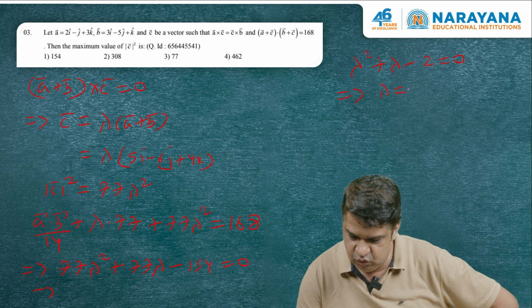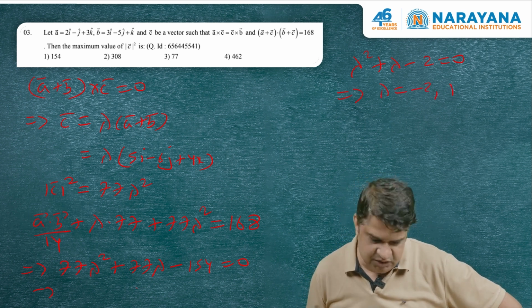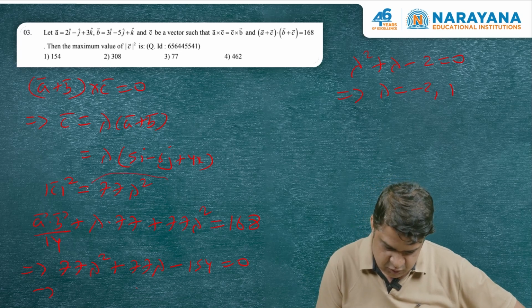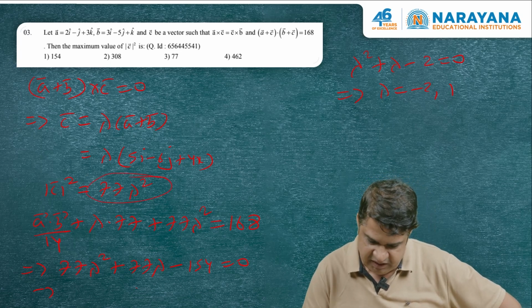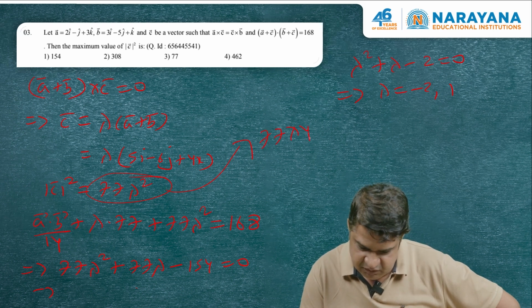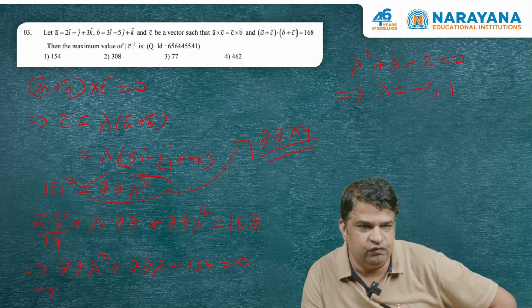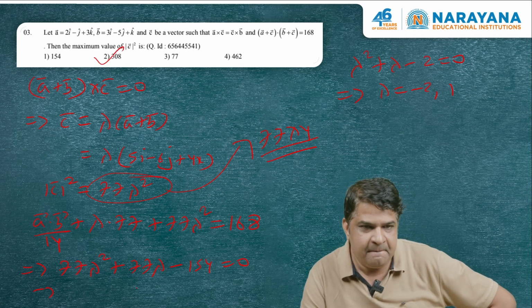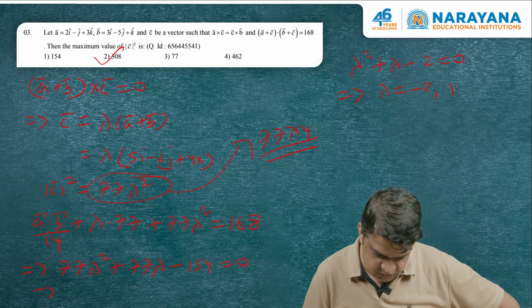Lambda has two values, minus 2 and 1, and because we need the maximum value of mod c square, it is maximum when lambda is equal to minus 2. So, our answer will become 77 into 4, which is 308. Okay, so let us move on to the next question.